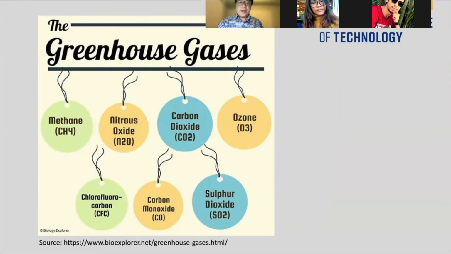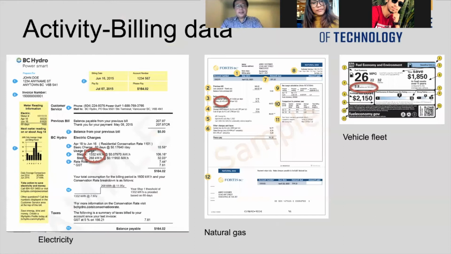So tonight, we are going to review how we do the emission calculation. Before we know the equation, first we need to know the activity. How do we know the activity in your daily life? From your electricity bill, your natural gas bill, or even when you go to the gas station for your car, they also have a bill.